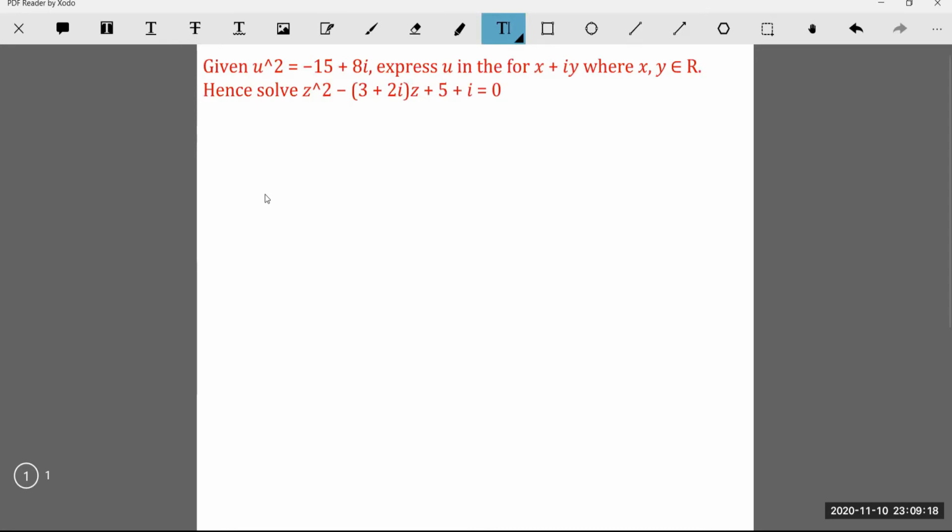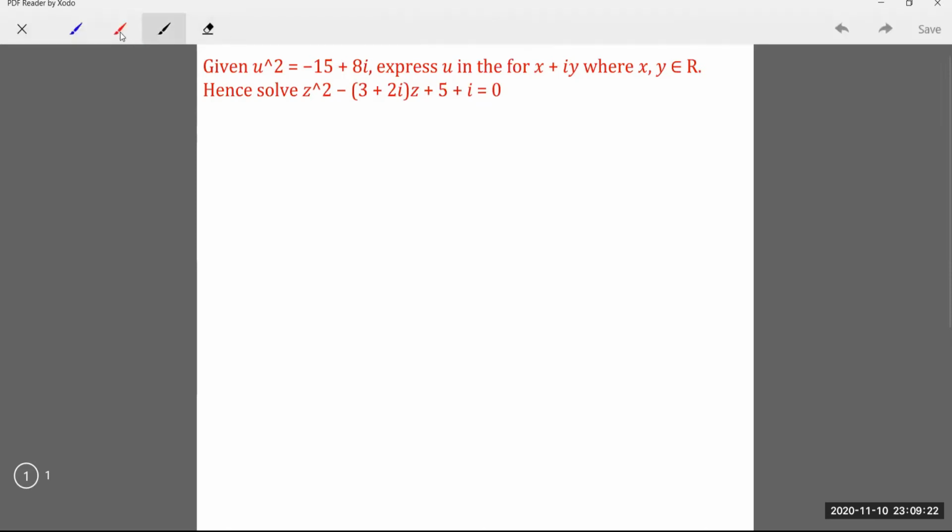So given that u squared is minus 15 plus 8i, express u in terms of x plus yi. So they're asking us to find u virtually.